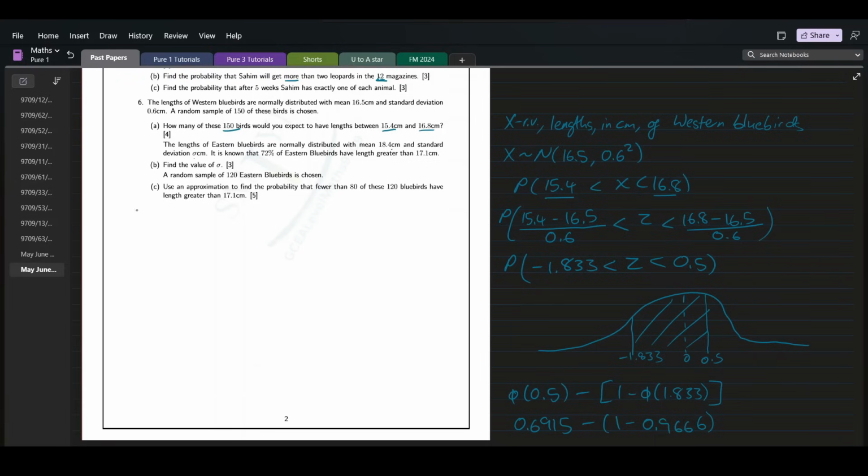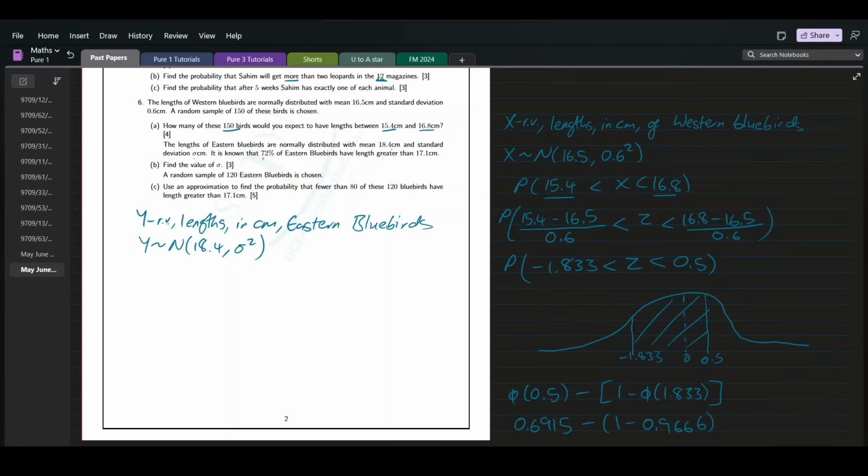We're going to say let y be RV, that's the length in centimeters of the eastern bluebirds, and y follows a normal distribution with mean 18.4 and variance sigma squared.